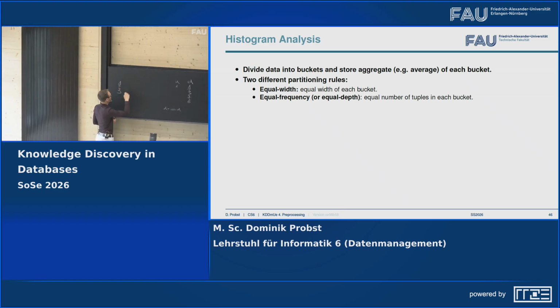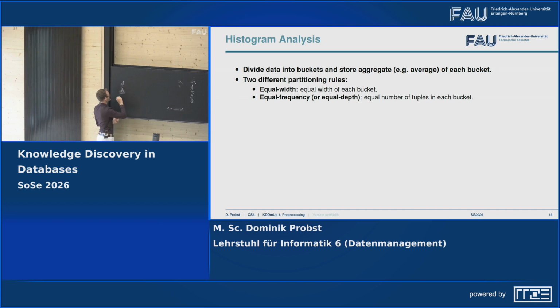If we would use, let's say 10, for sake of simplicity, in equal width distribution, we would likely have one bucket from 1 to 5 and one bucket from 6 to 10. So these three values would end up in the lower bucket, and the higher value would end up in the upper bucket.